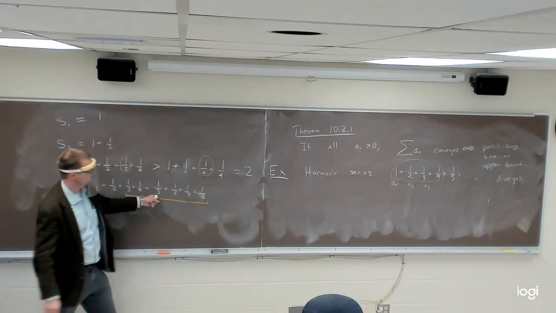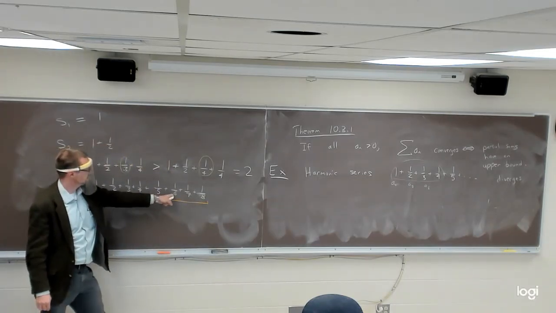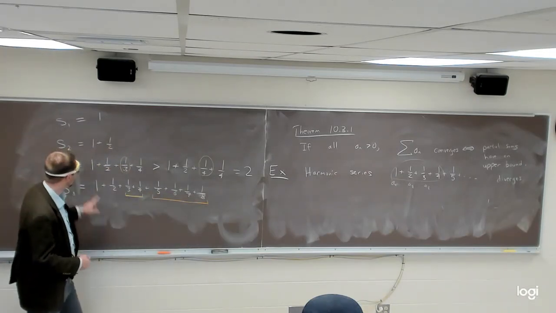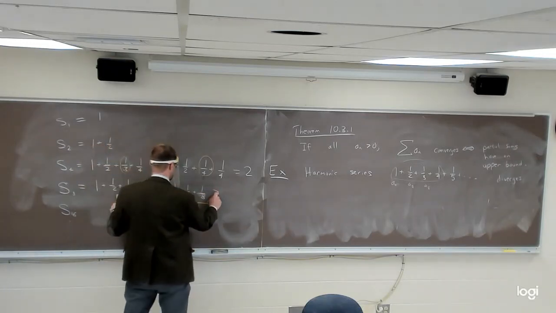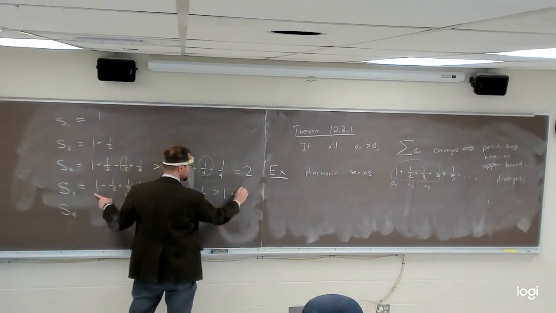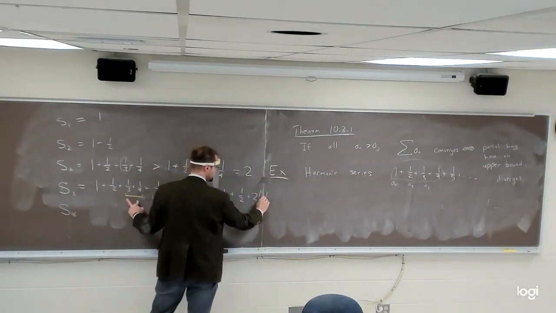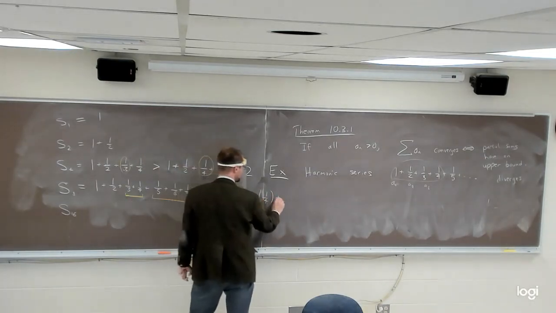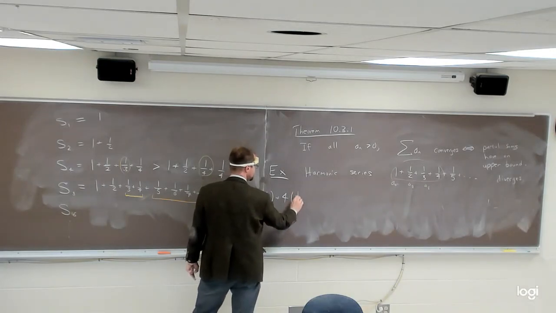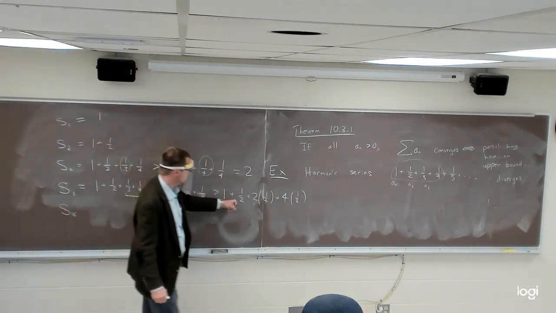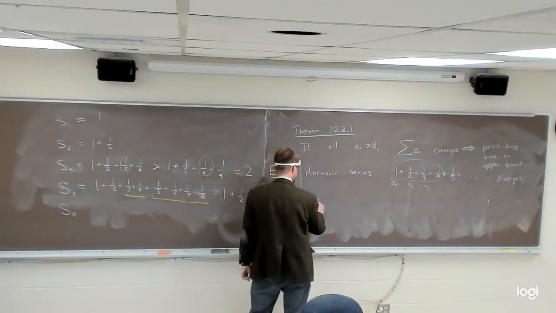A fifth is bigger than an eighth, and a sixth is bigger than an eighth, and a seventh is bigger than an eighth, and an eighth is bigger than or equal to an eighth. This whole thing is bigger than 1 plus a half plus 2 terms, each of which was at least a fourth, plus 4 terms, each of which was at least an eighth. That's 1 plus a half plus a half plus a half, that's 2 and a half.